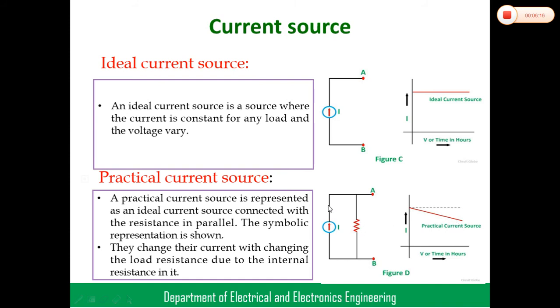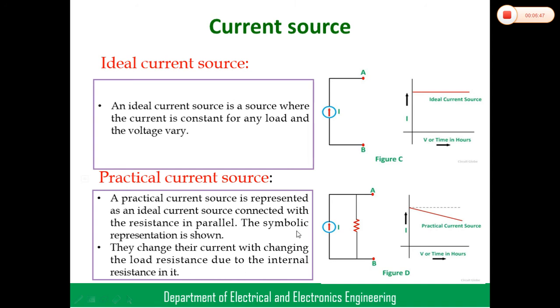When the current passes this way, some current passes through this resistance and the remaining current passes through the terminals. So as the voltage increases, the drop across this resistance also increases. That is why there is a voltage drop across the terminals. The current changes with the changing load resistance due to the internal resistance in it.